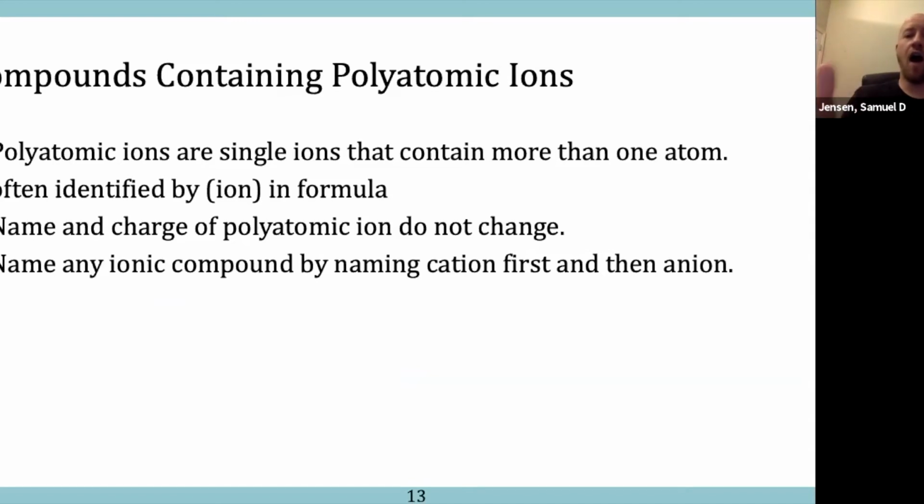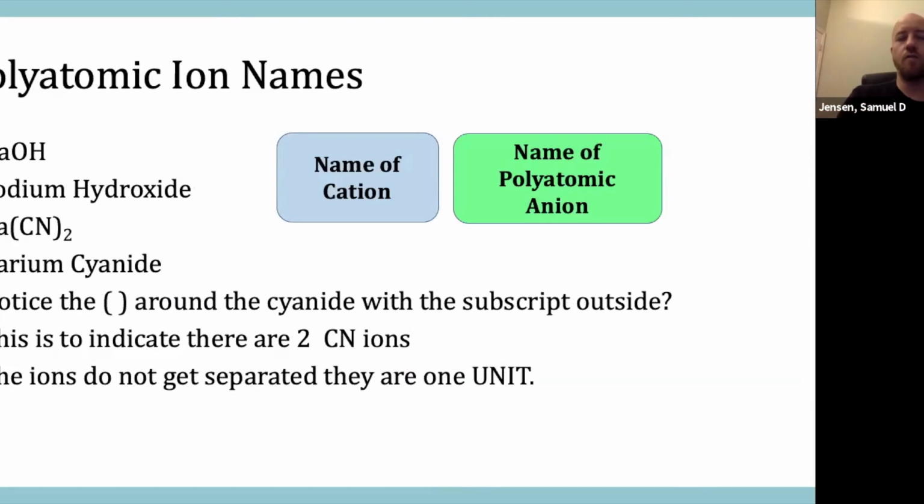So they are an ion like chloride, but they are made up of multiple atoms, and they may be a charged species as a whole. So when we have polyatomic ions, we don't change their name. The name of the metal keeps its name. The name of the polyatomic ion keeps its name.